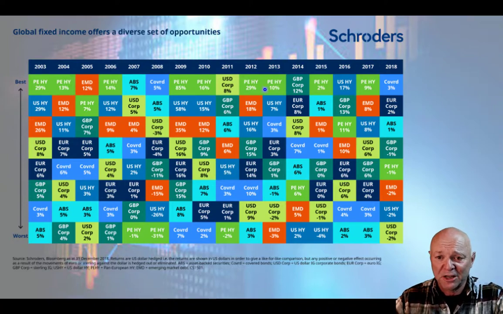European high yield for many years were the best. US high yield for a couple of years were the best. Asset-backed securities like mortgage-backed securities might have also been best maybe in 2007 before the financial crisis. British bonds were sometimes at the top. None of these were particularly at the bottom all the time.